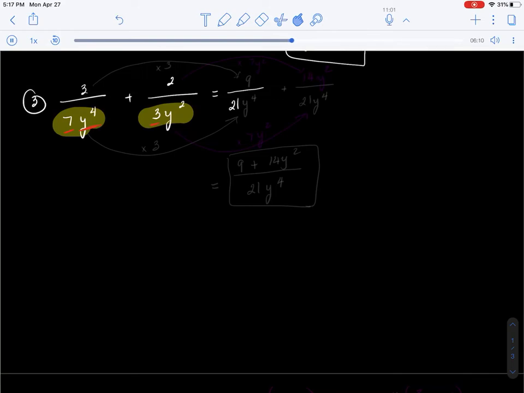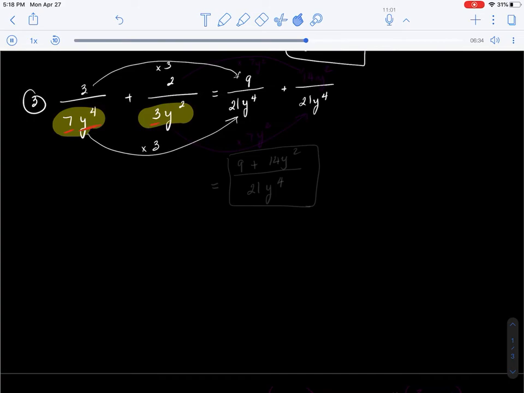Then we have 21y to the 4th plus 21y to the 4th. From the first fraction to here, the only thing I did was multiply by 3. So what I do over here, I'm going to do over the top too. Multiply by 3, so that should give me a 9.